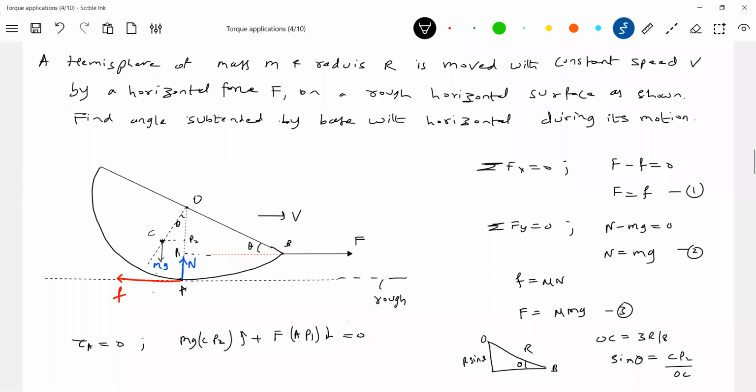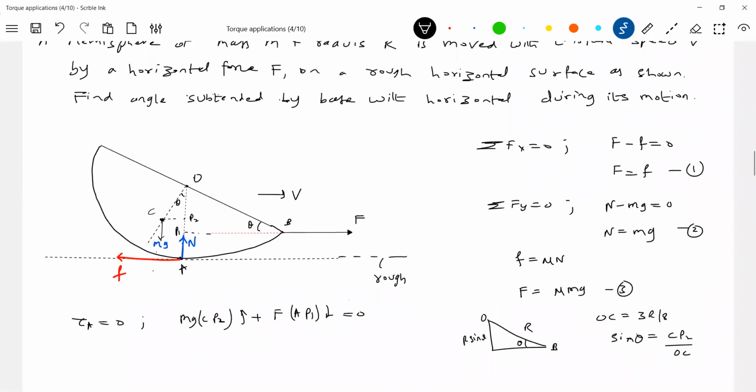So we know CP2, substitute OC, and OC is 3R by 8. So that we will get. What about AP1? We don't know AP1. What is AO? This is the triangle P1, no? AO should be R, no?